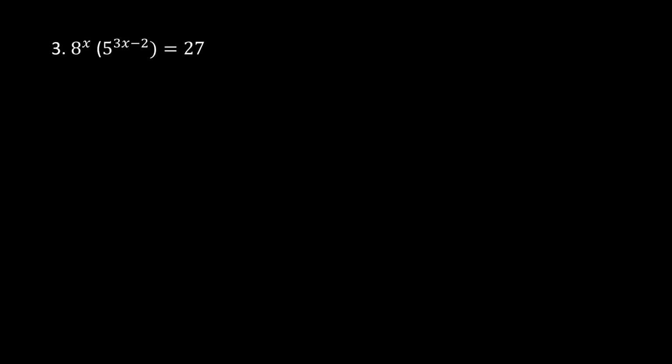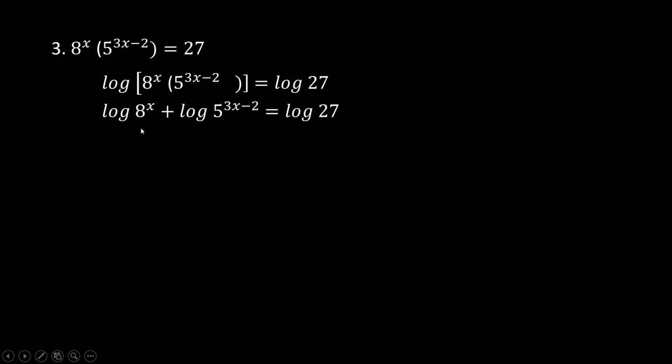And next example, 8 raised to x times 5 raised to 3x minus 2 is equal to 27. So in this kind of problem, again, we take the logarithm of both sides, then simplifying and following the rules of the law of logarithm, we get this equation.